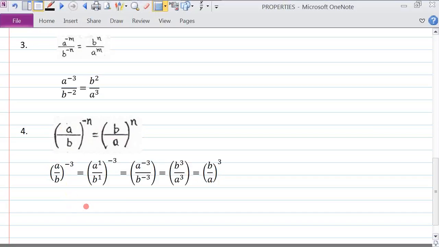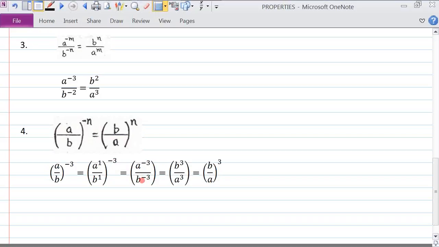Now in this case here, let's take a look. Let's say that we have a over b to the minus 3. This is a to the 1 over b to the 1 times minus 3. So here we see that this 1 times minus 3 becomes a to the minus 3. 1 times minus 3 becomes minus 3.